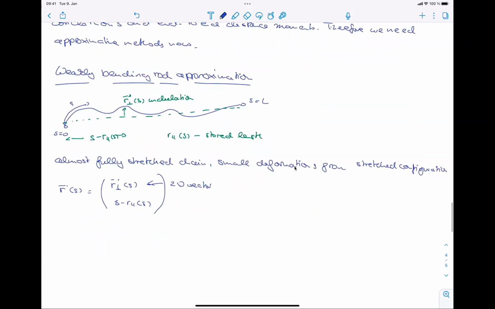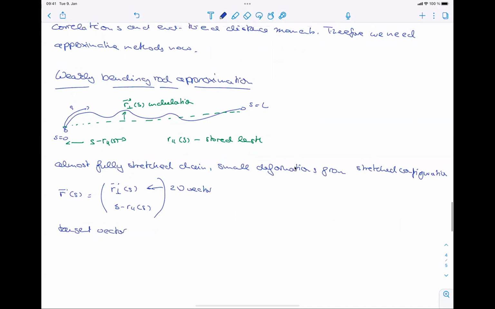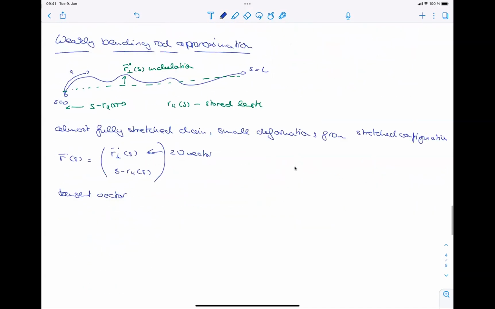If this parameterizes my curve, then my tangent vector I can calculate as just a derivative. So that would mean that I have the r perpendicular ds over here, and here I have a 1 minus the r parallel ds down here.